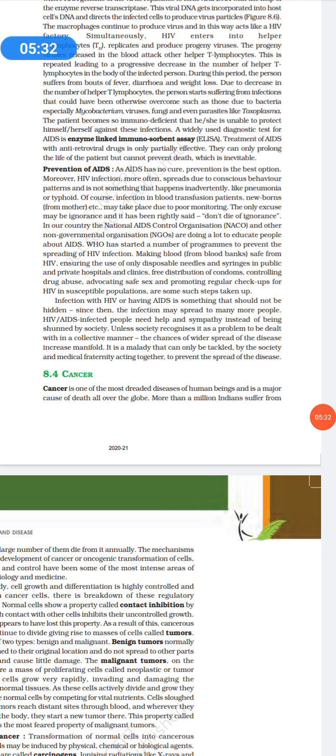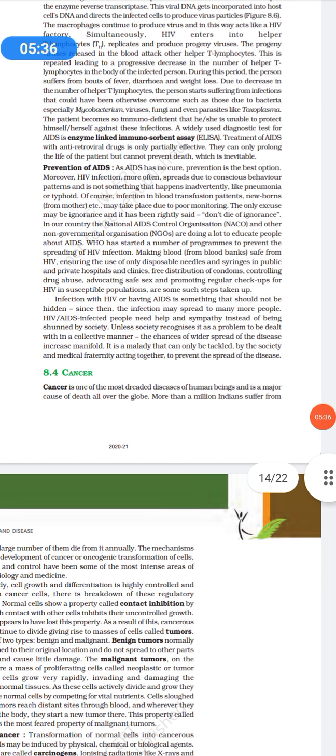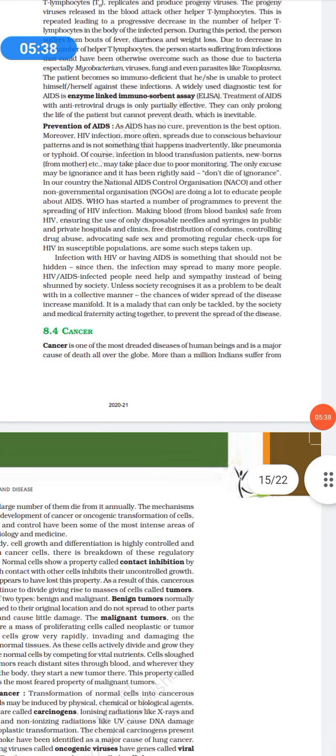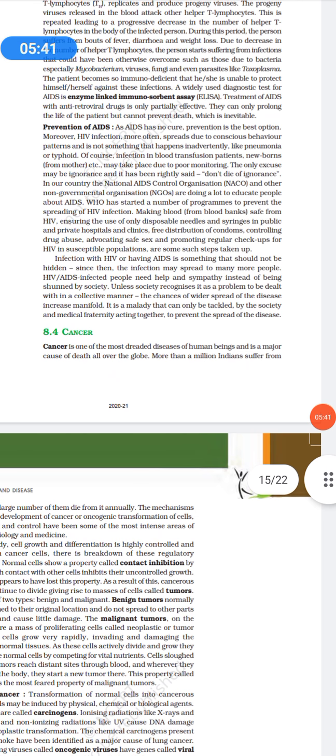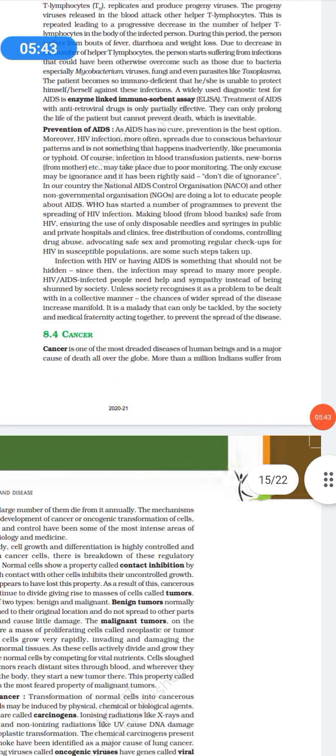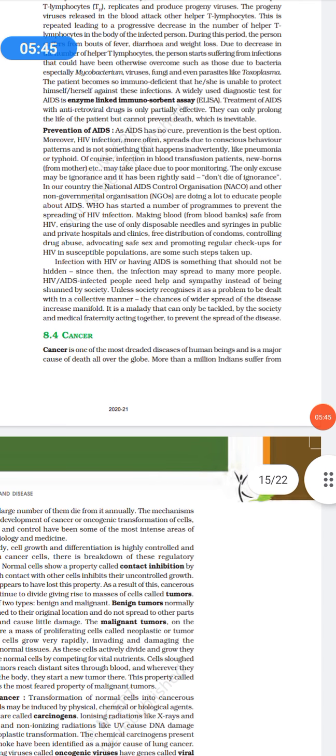In our country, the National AIDS Control Organization, that is NACO, and other non-governmental organizations, NGOs, are doing a lot to educate about AIDS.